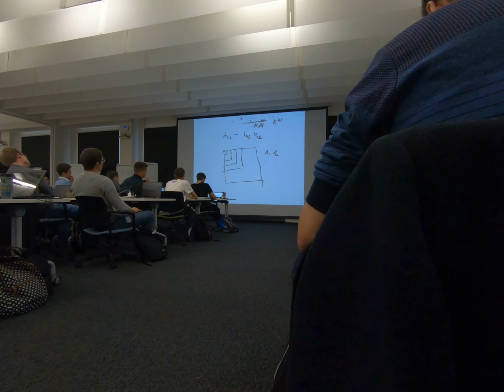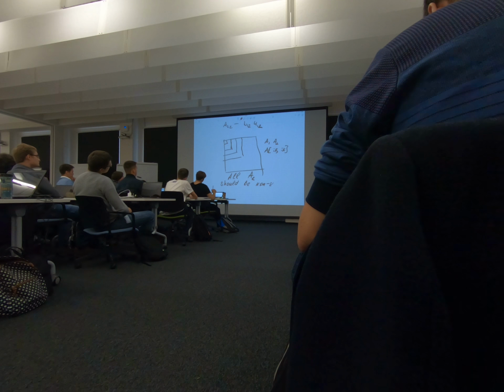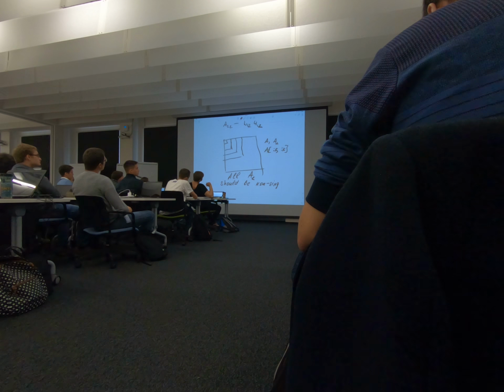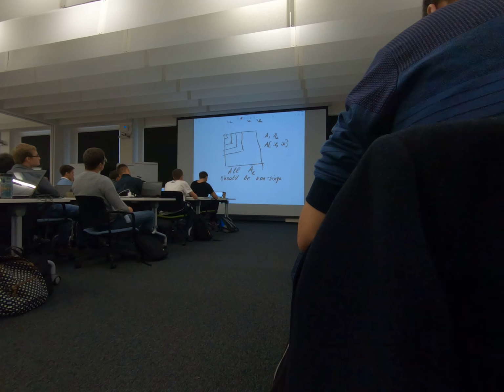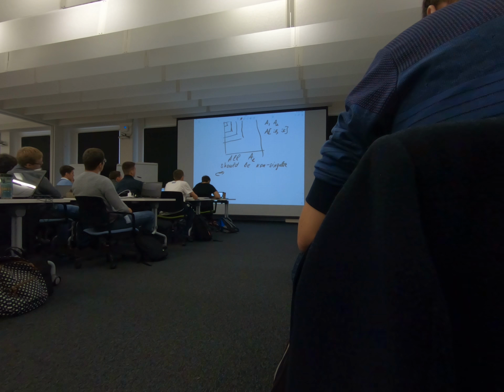A Python notation would be something like that. And all of these matrices, all the A_k, should be non-singular, so they have to have non-zero determinant in exact arithmetic, or they have to have full rank. In this case, the LU decomposition exists.